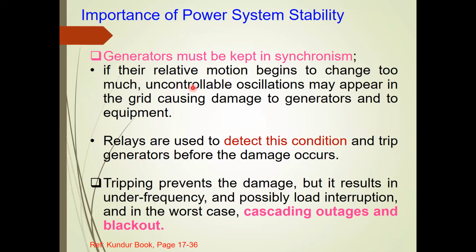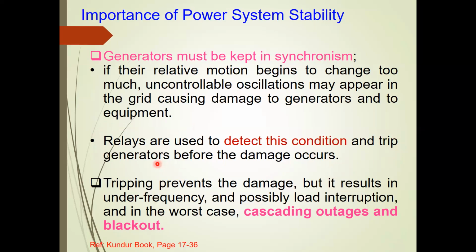Because of some undesirable behavior in the system dynamics and the relay tripping such a generator, 500 or 600 MVA of power is suddenly cut out from the system. That is again undesirable, because we don't want a generator outage, because we always want our power demand to be met by the generators.